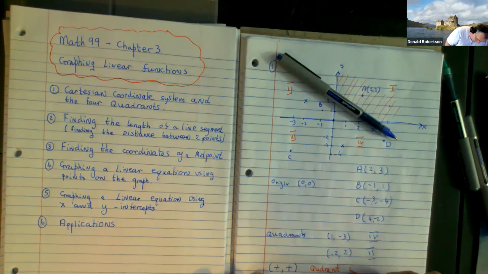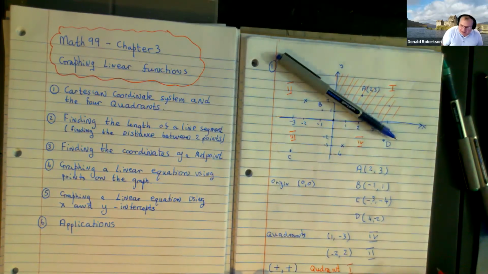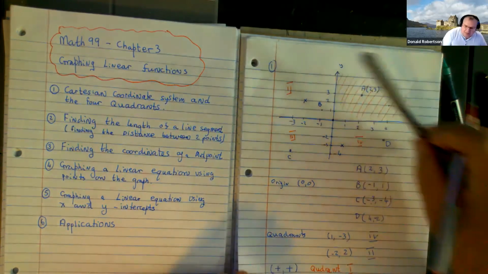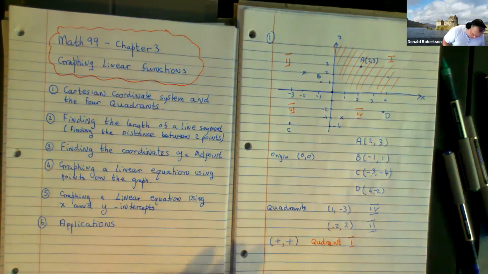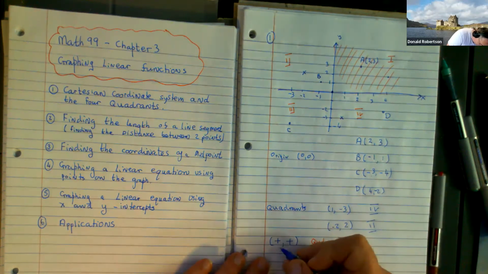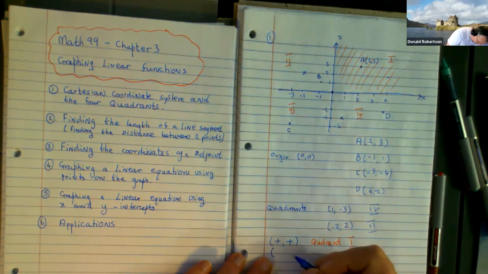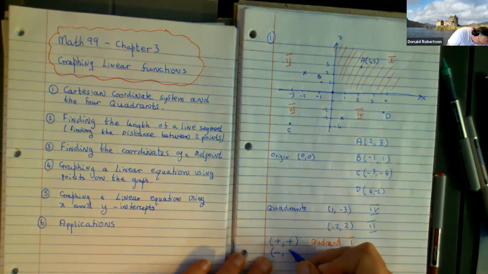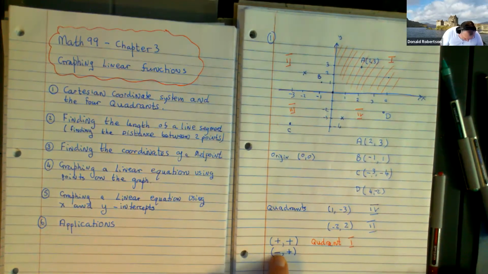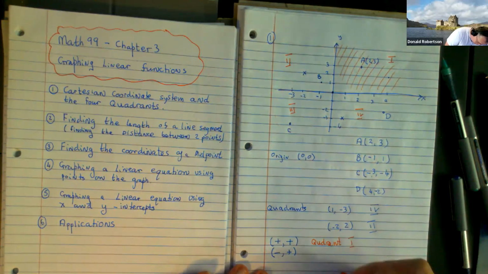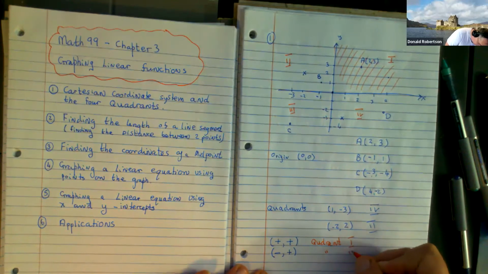So 5, 3, 99, a million. That would get you into quadrant 1. Now, suppose you had a negative x coordinate, but a positive y coordinate. Things like -1, 2, -7, 99. Then in that situation, you will be in quadrant 2.